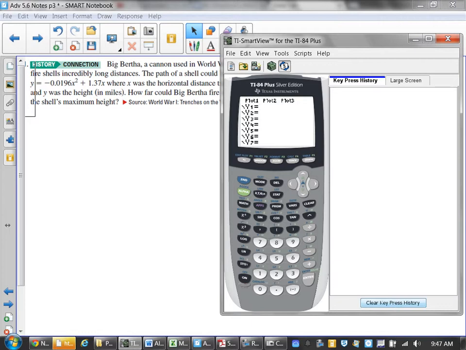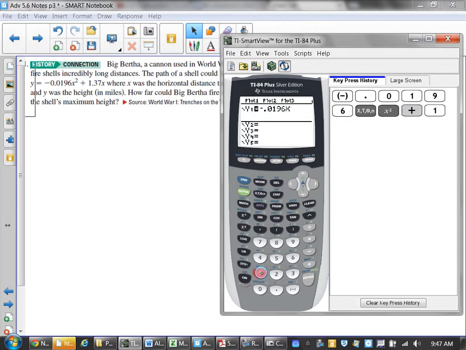I'm going to put in my calculator negative 0.0196 x squared plus 1.37 x. Now x is that horizontal distance from where it started. When I graph this, I don't see it on my window right now.